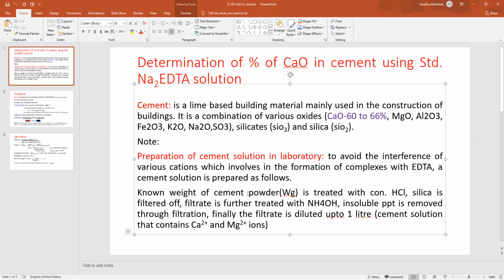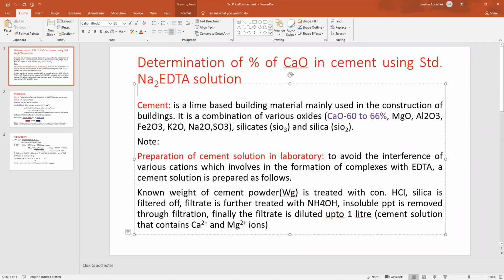A known weight of cement powder, that is W gram of cement powder, is taken and it is treated with concentrated HCl. In this step, silica is filtered off because silica remains undissolved. It is removed through filtration, and the filtrate which is obtained is further treated with a base, that is ammonium hydroxide, a weak base.